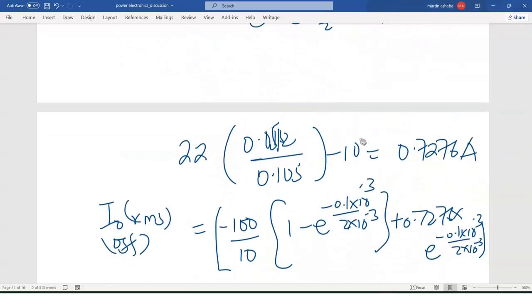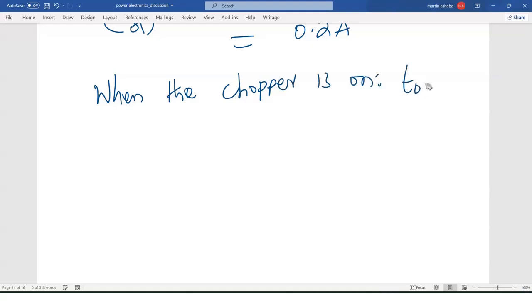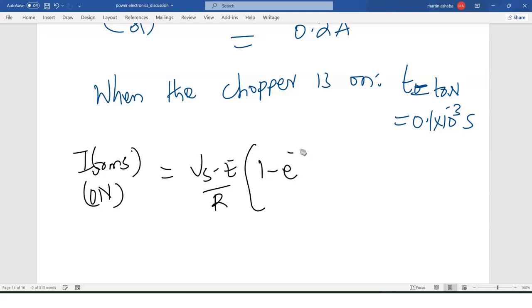Now, when the chopper is on, so at T equal to Ton, and this is 0.1 times 10 power negative 3 seconds, the formula for I naught when the chopper is on is going to be Vs minus E divided by R into 1 minus exponential of negative 0.1 divided by 2.